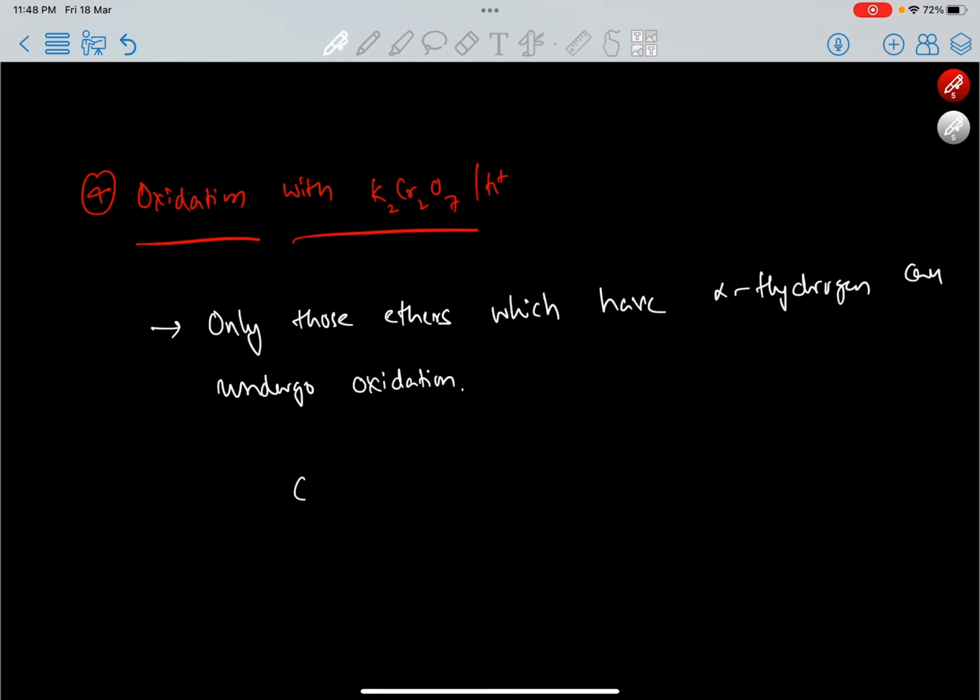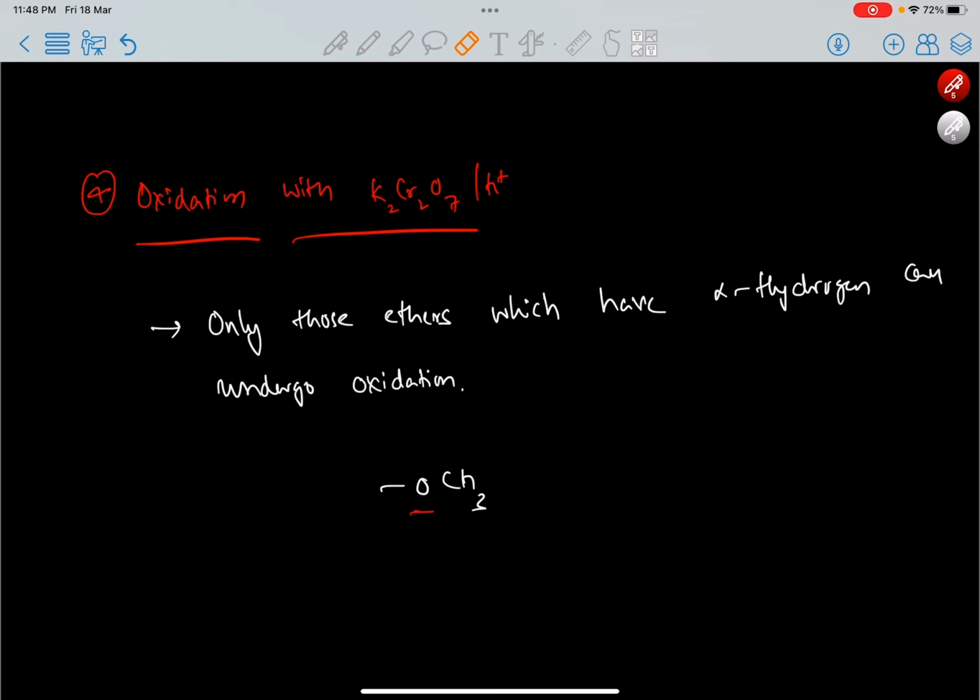For example, CH3CH2OCH3. Here this is the functional group oxygen, and the carbon next to this oxygen is the alpha carbon. So whatever hydrogen is present on the alpha carbon will act as alpha hydrogen, isn't it? So wherever we have alpha hydrogens, they can all go through oxidation reaction with K2Cr2O7 in the presence of H plus.